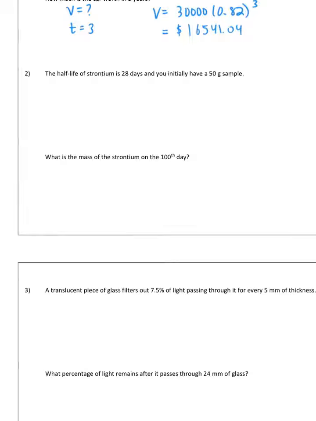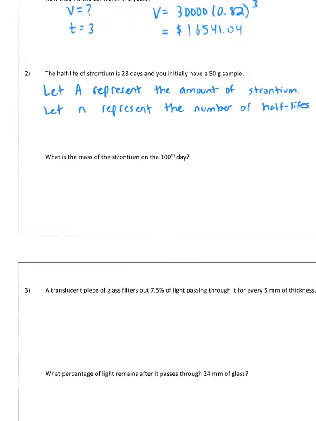So let's define the variables. So we have the amount of strontium, which is dependent on how many half-lives have occurred. So I have written let A represent the amount of strontium and let N represent the number of half-lives.